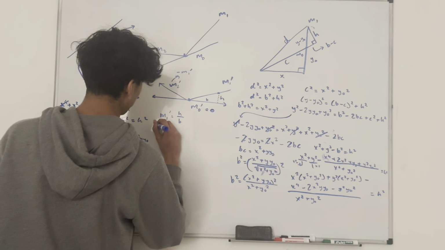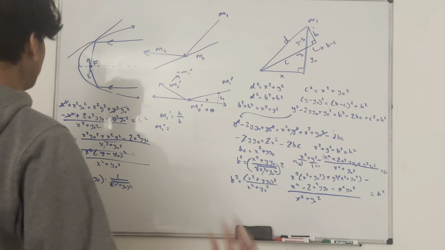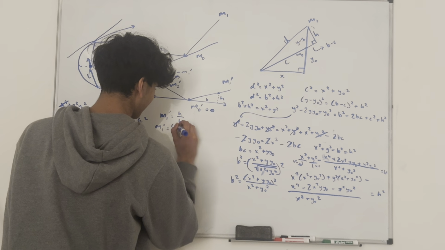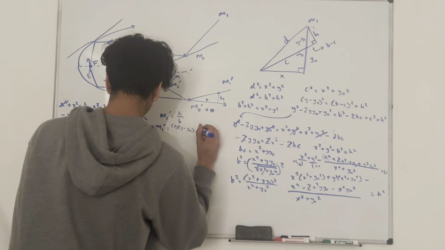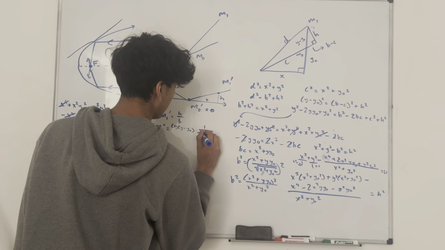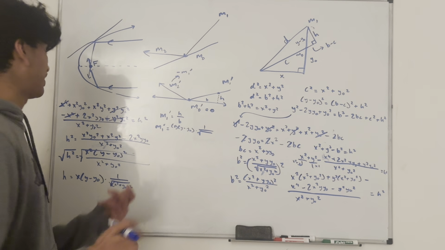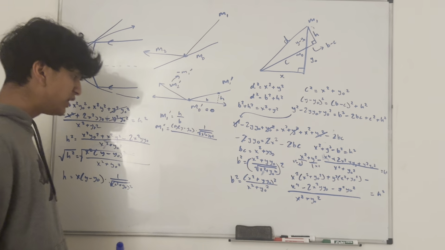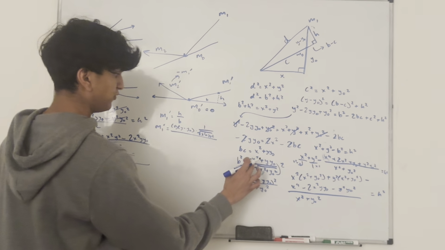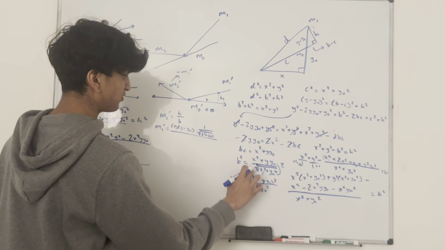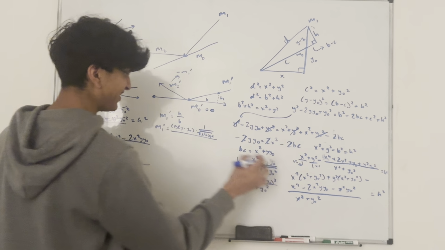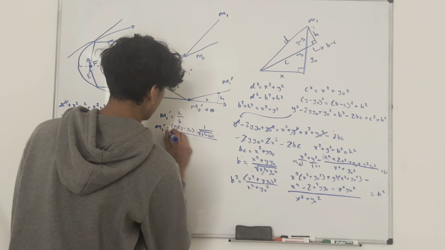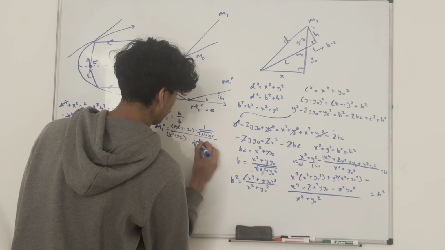So m1 prime is equal to x, y minus y initial, times 1 over the square root of x squared plus y initial squared, over, now b is equal to, if you got rid of the little, it's just equal to x squared plus y initial times the same 1 over the square root of x squared plus y initial squared.